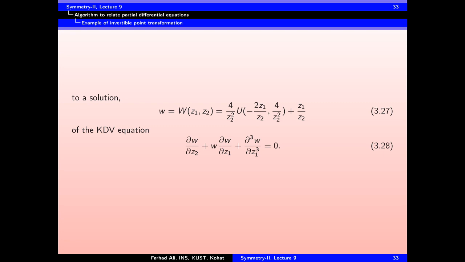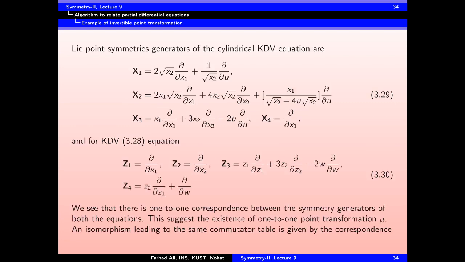So let's start. I will go through this quickly because this calculation and the previous calculation are the same. These are the four symmetries of the cylindrical KdV equation. These are the four symmetry generators of the KdV equation.